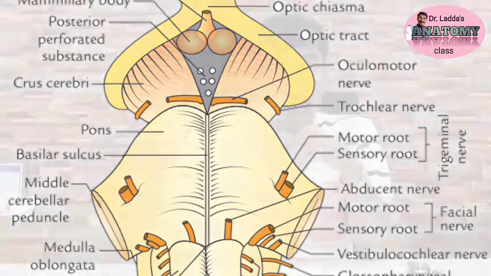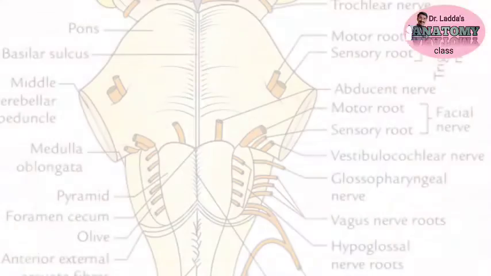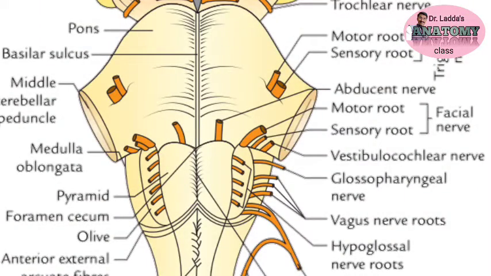Now the next portion of the brainstem is the pons. If you look carefully, it is wider toward the lateral side. Among all three parts of the brainstem, pons is the widest one. Pons has a median line, and the same line continues with the medulla oblongata.